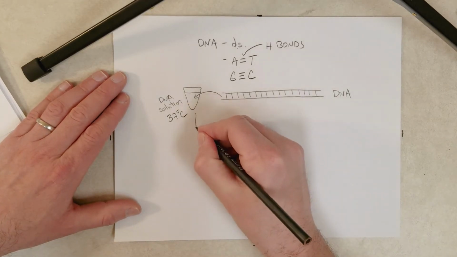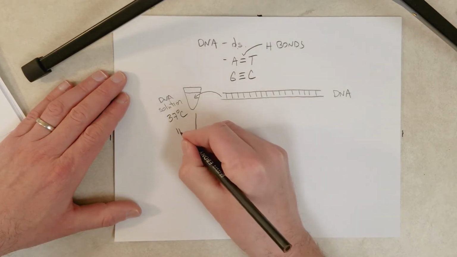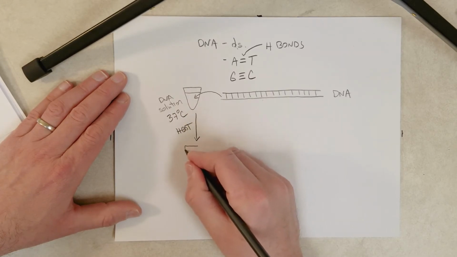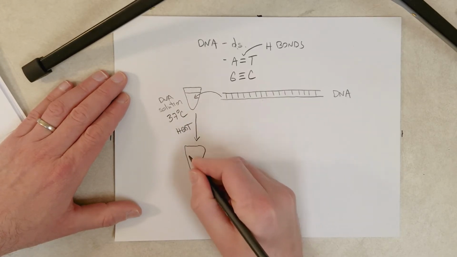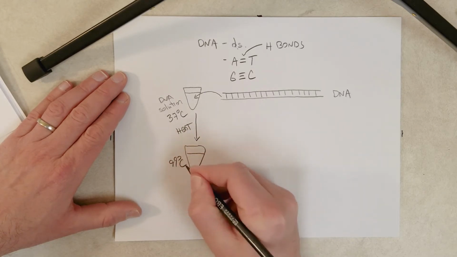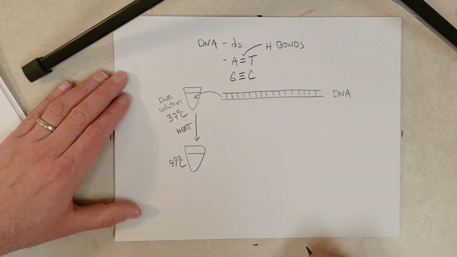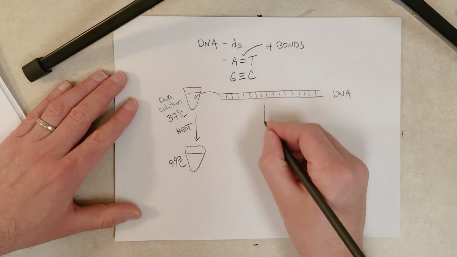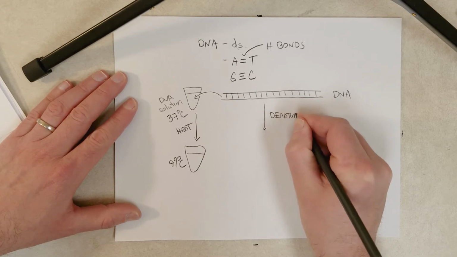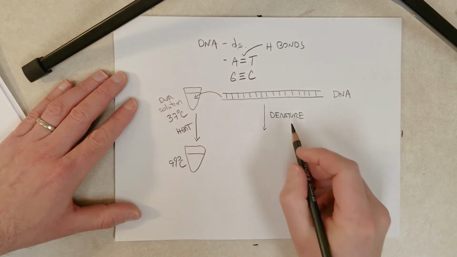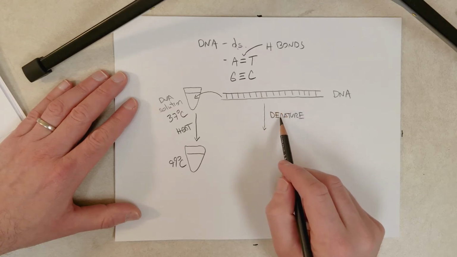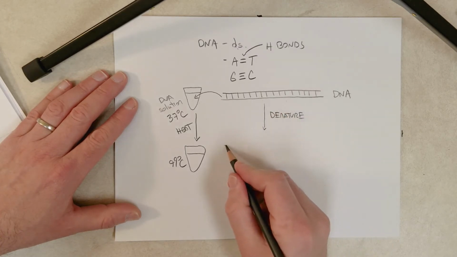So if we take that tube and we heat it to, let's say, 99 degrees, so 1 degree below boiling, well, what happens is that the hydrogen bonds will be broken. And what we call this, when we break these bonds, is denaturing the DNA.